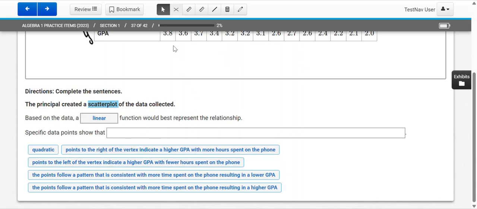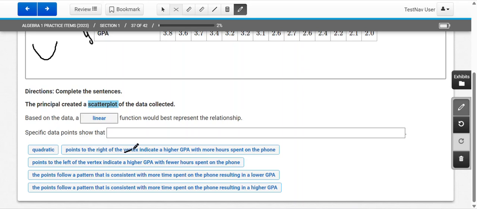A vertex would be something like a quadratic. Only quadratics have a vertex. But since this is not a quadratic, it does not have a vertex. So I wouldn't choose the one with the vertex. Points, let's look at the next one. Points on the left of the vertex, again, it does not have a vertex.